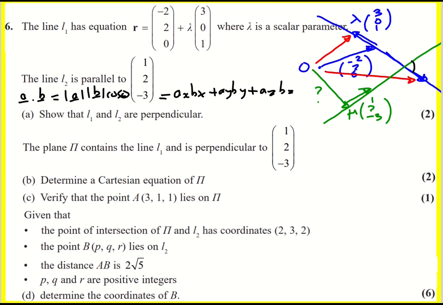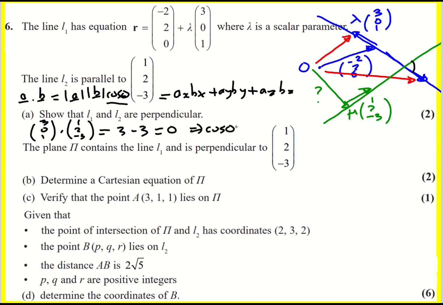Because if we can show the dot product is equal to 0, then the only thing that can be the case, if both vectors are non-zero, is that cos theta is 0 and therefore theta is 90. That's how we show they're perpendicular. So 3, 0, 1 dotted with 1, 2, minus 3 is equal to 3 minus 3, which equals 0.